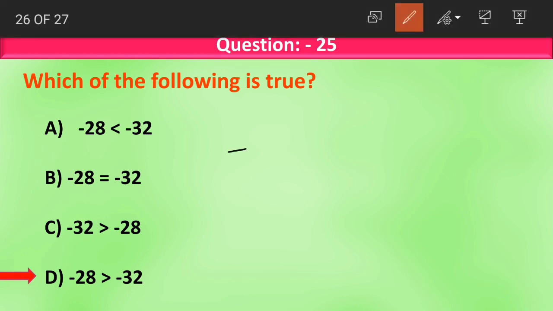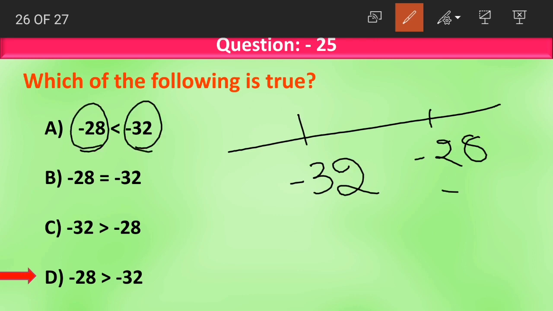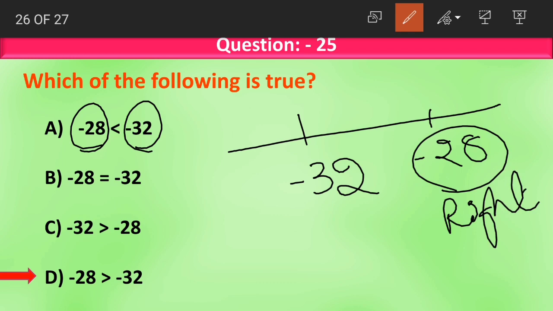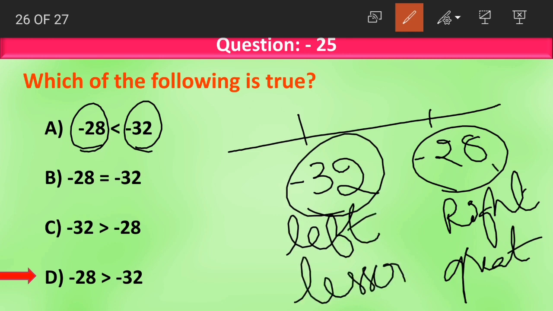What should we do here? First we'll draw a number line and we'll place both the integers on it. What are the integers here? -28 and -32. Now -28 is on the right side, so this will be the greater number. -32 is on the left side, so this is the lesser or smaller number.